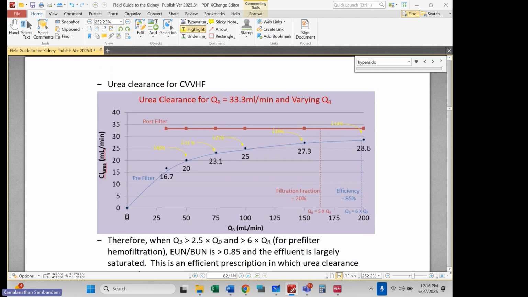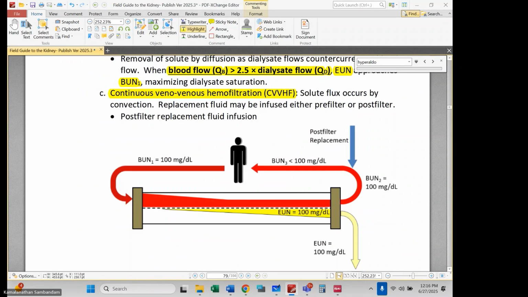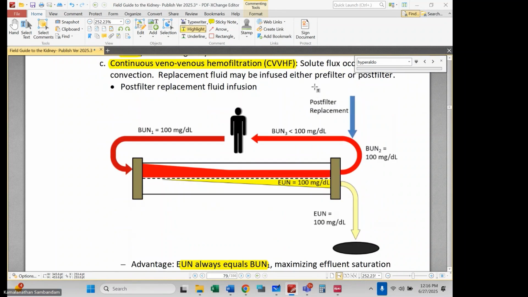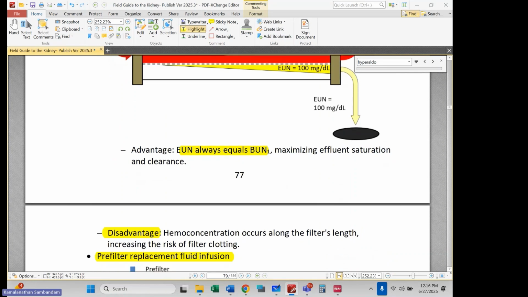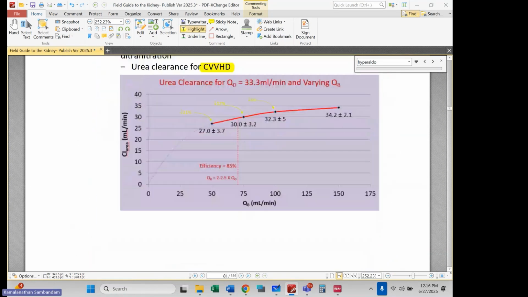Now, when we look at hemofiltration, notice that when I'm in post-filter mode, which graphically looks like this, we already went over this, effluent urea nitrogen is always equal to blood urea nitrogen. That means my EUN to BUN ratio is always 1 in that urea clearance term.